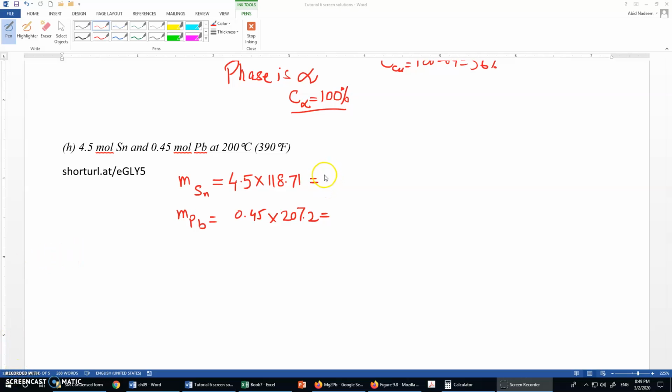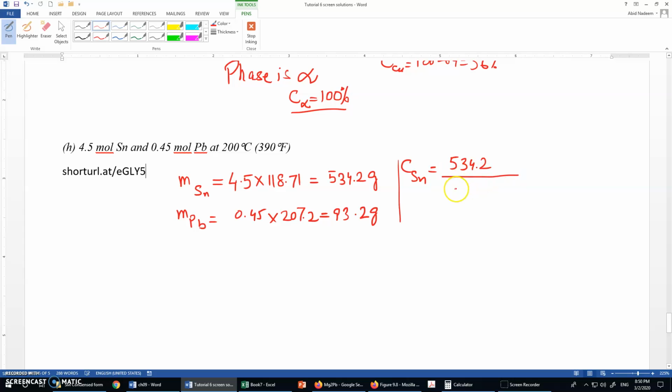So this will be equal to 534.2 gram, and this will be equal to 93.2 gram.